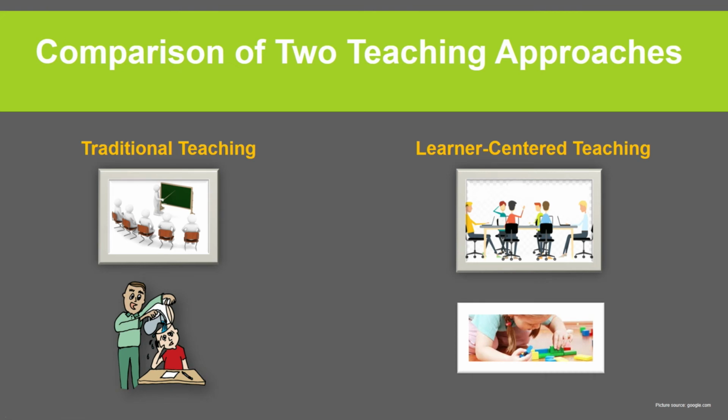So as we look at two approaches to teaching, we started by taking a glance at the traditional approach to teaching. And as you can see depicted in the slides, this could be pouring knowledge into a student's head or a sage on the stage. And then we also did a quick overview of what is learner-centered teaching.